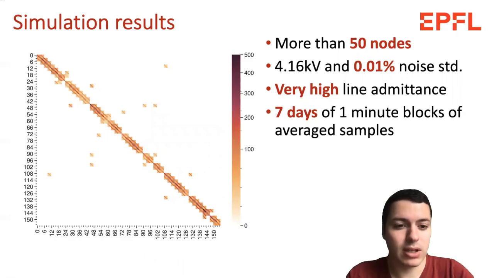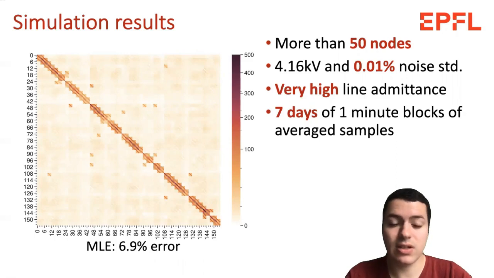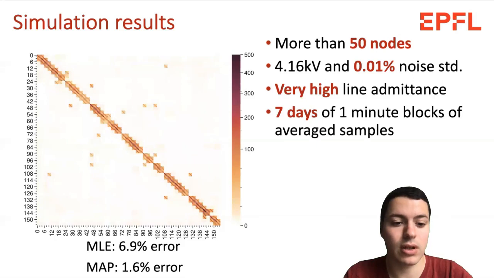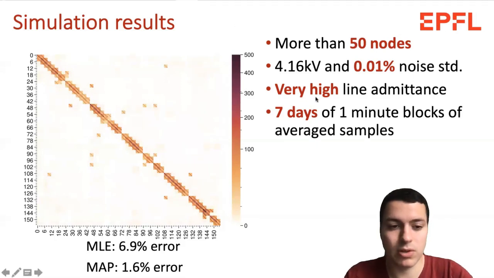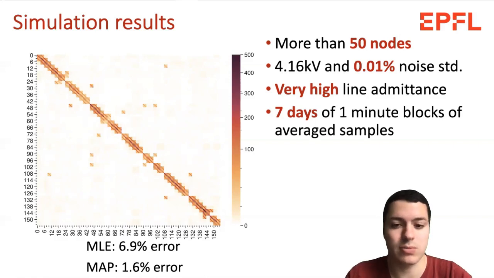With the maximum likelihood estimator, when all the nodes are observed, we obtain about 7% error. And as you can see, it's very noisy, so it's hard to figure out the topology of the network. And with the sparsity promoting prior that I've shown before, we obtain a much sparser matrix. There's still 1.6% error in noise, but the topology is much clearer.